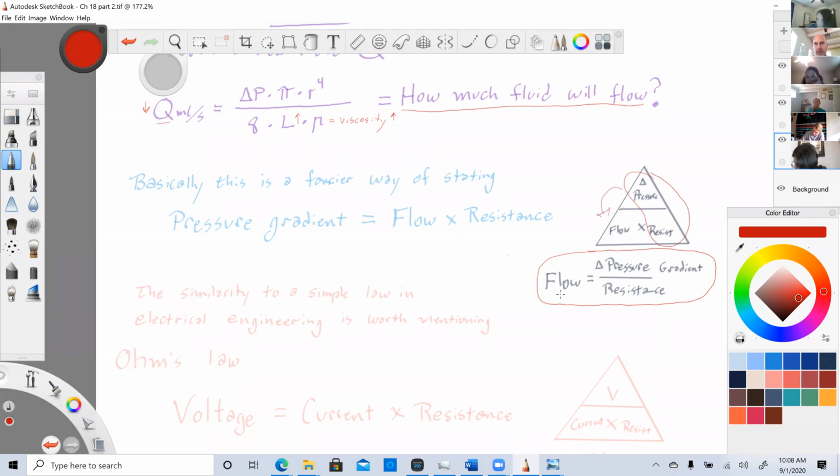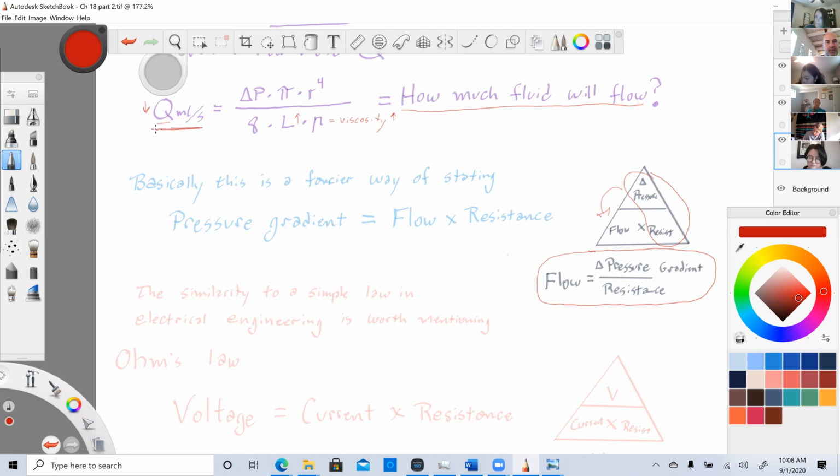So flow is pressure gradient divided by resistance. Well, this is the same thing. This flow, pressure gradient, resistance is a simpler version of this.